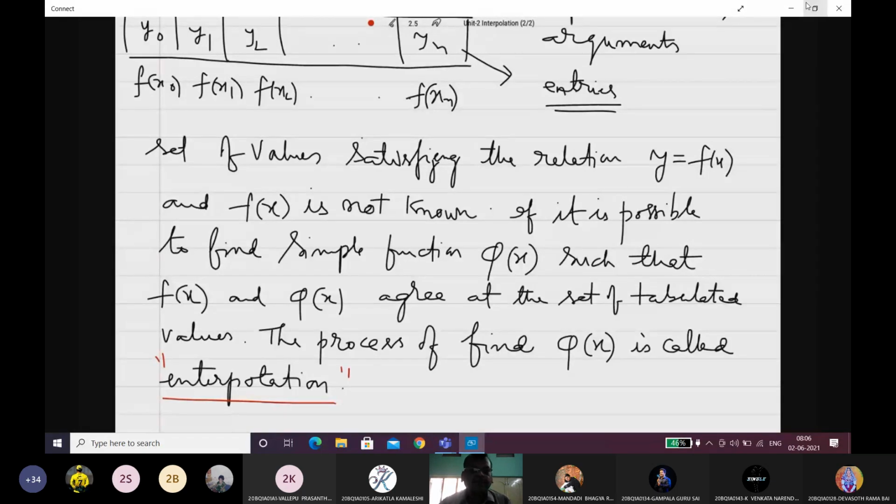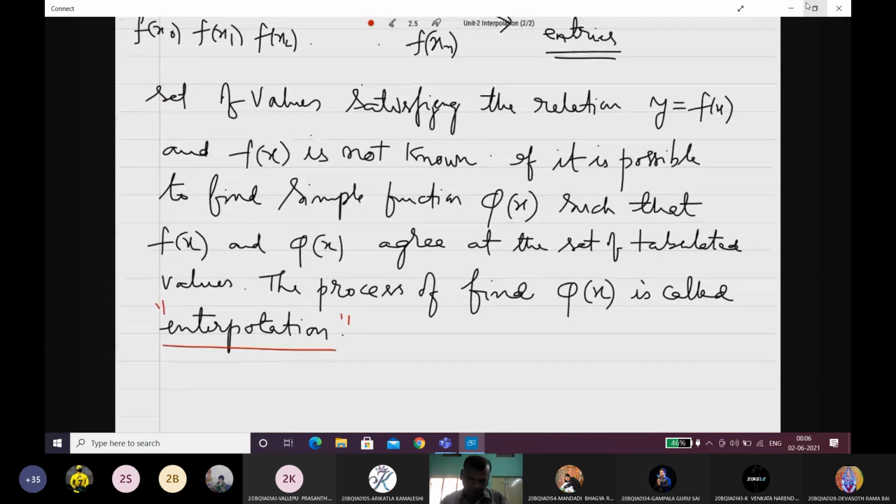And if pi of x is a polynomial, then the process is called polynomial interpolation. That we have to note down as the next point.